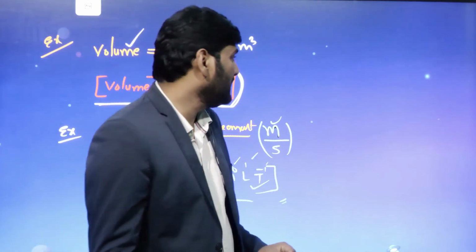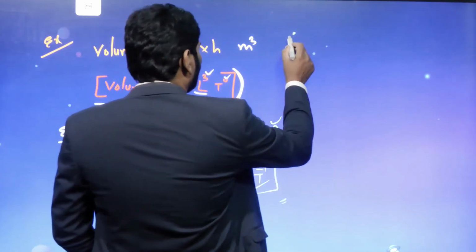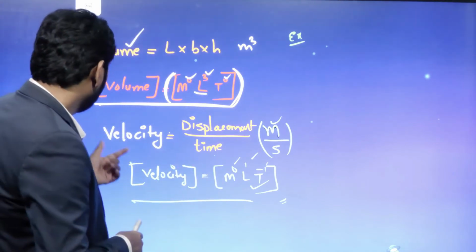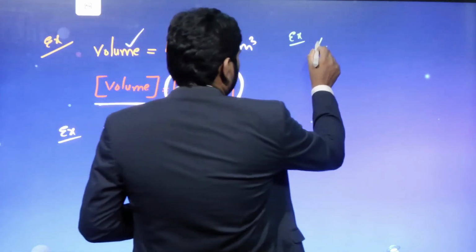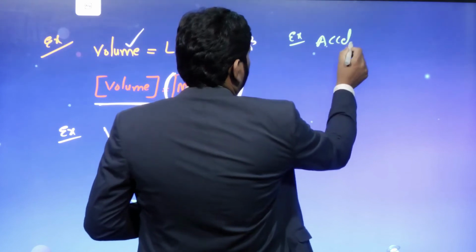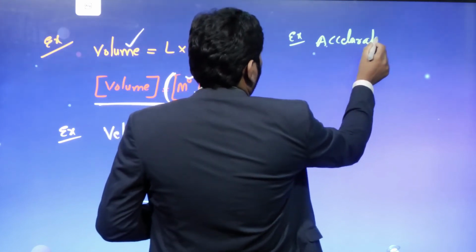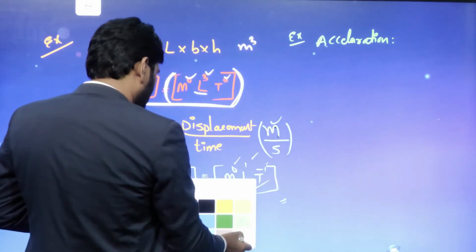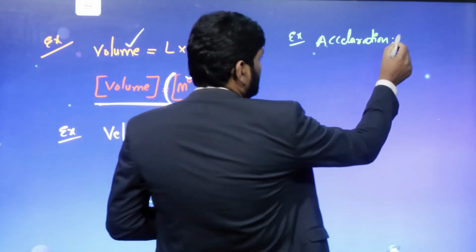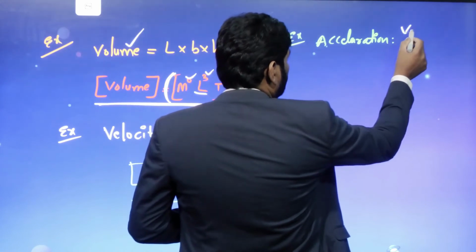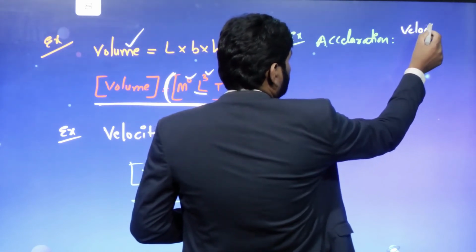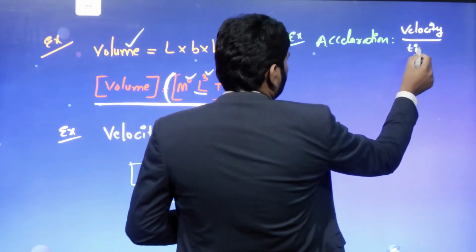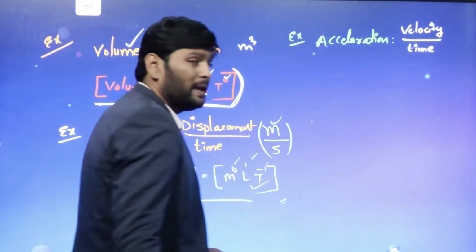Now I'll take one more example. I think you are getting clear on what I'm explaining. Now let us take acceleration. Here is the acceleration formula: velocity by time, the simplest formula.